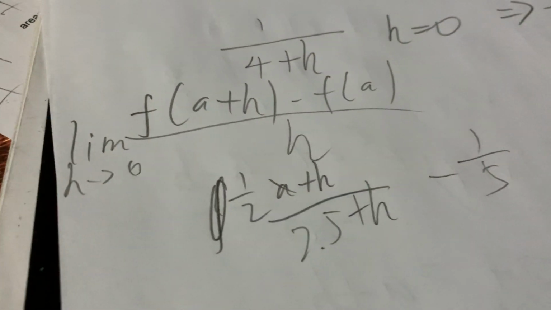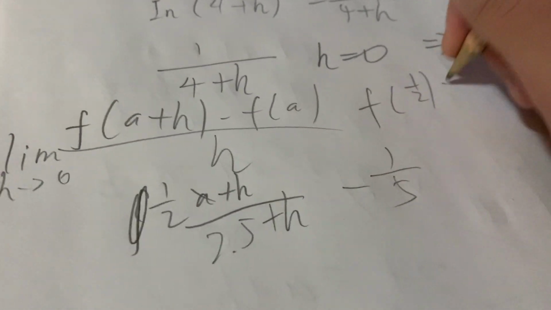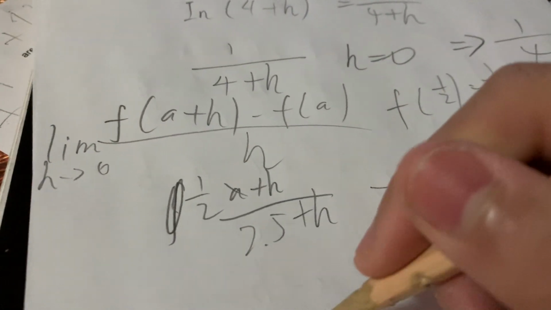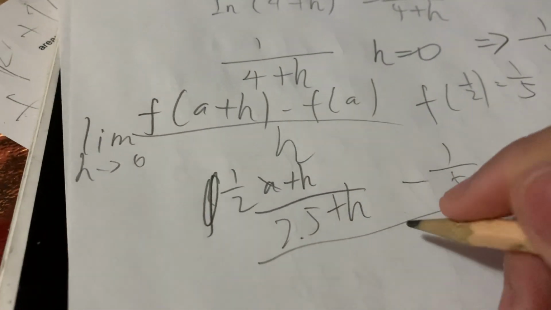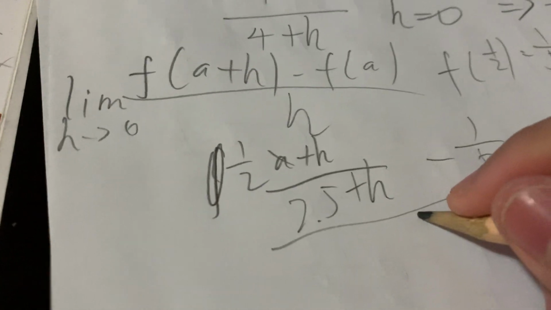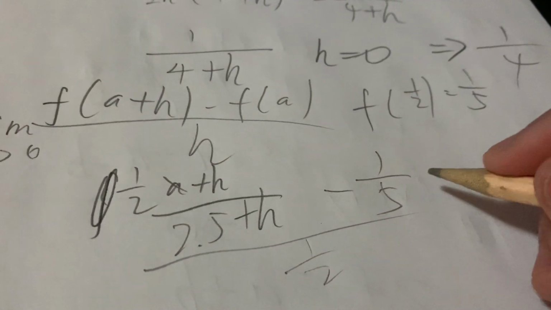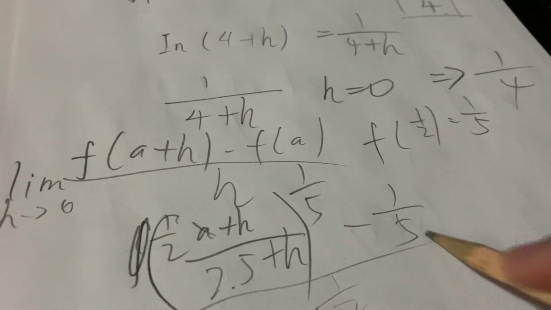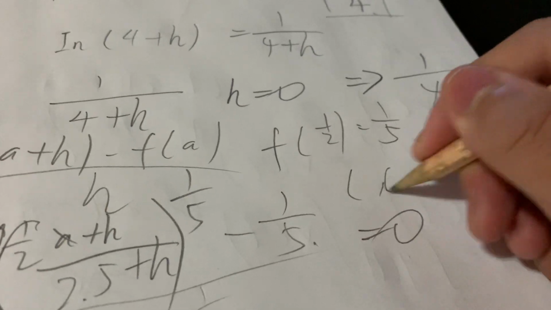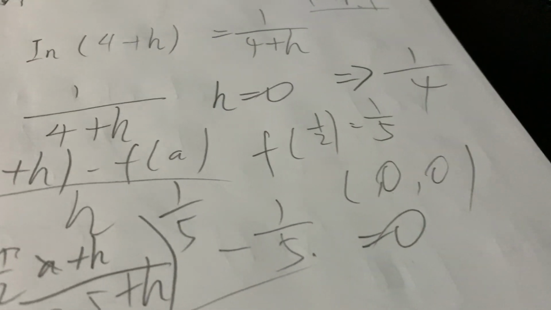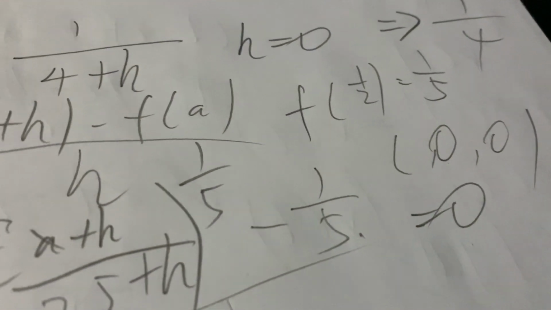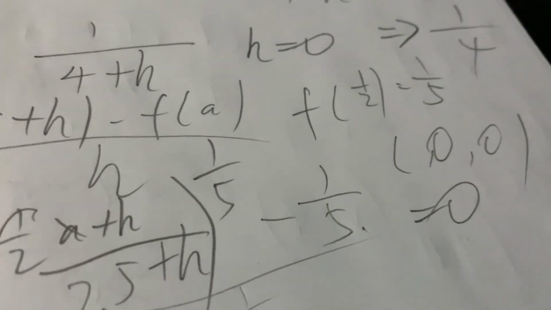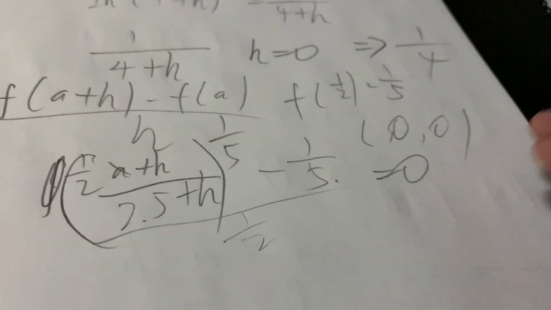Why is it 1 over 5? It is because f(1/2) is equal to 1 divided by 5. And we divide by h again. What is h? H is this. So in this case, we know that the limit of this is going to reach this, so this is going to be 0, and (0, 0) is going to be a point. So we know that m should be 1 over 2.